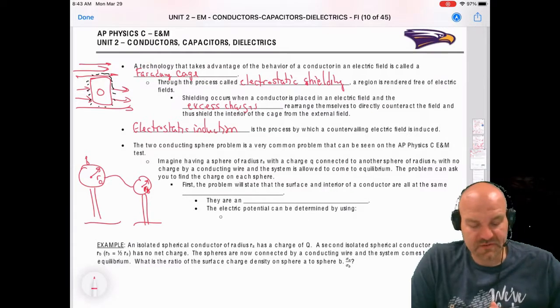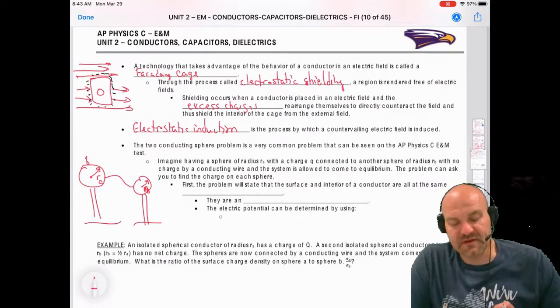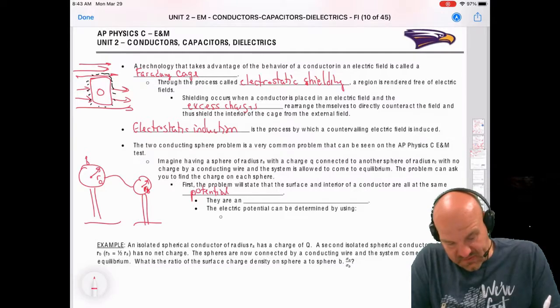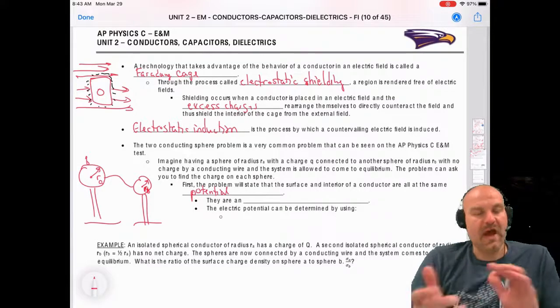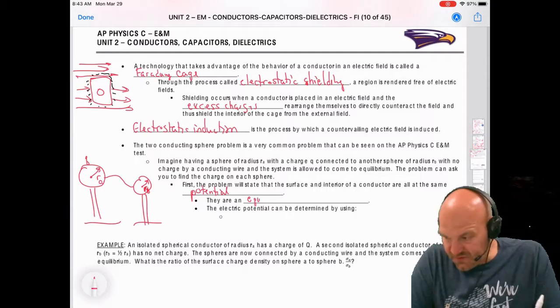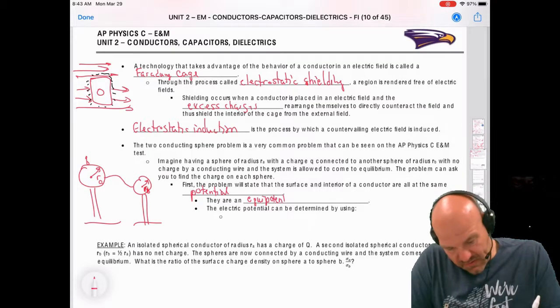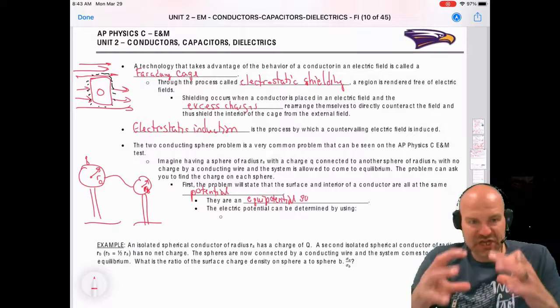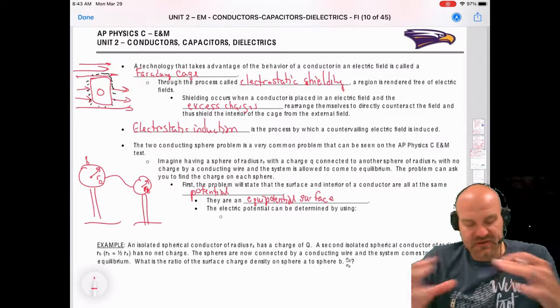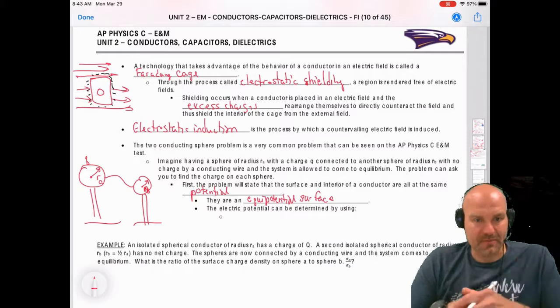First, the problem will state that the surface and the interior of a conductor are all at the same potential. So it's going to create an equipotential surface. They basically become one giant conductor, and the charge ultimately gets distributed throughout.